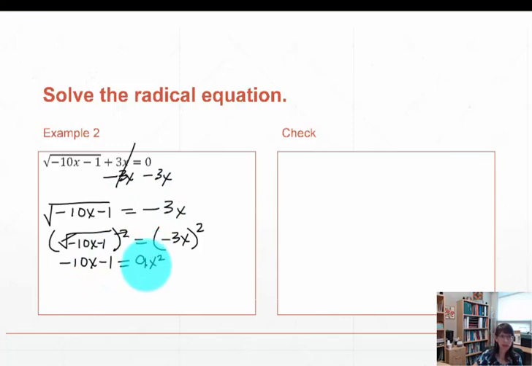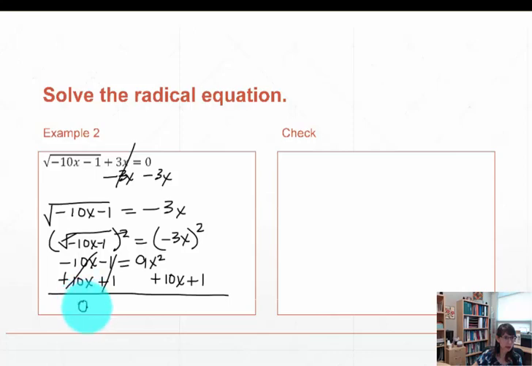So I think I will leave 9x squared where it is because it is a positive 9. I like a positive coefficient. So that means I'm going to add 10x to both sides, and I'm going to add 1 to both sides of the equation. If I do that, then I can eliminate the 10x and eliminate that constant term.